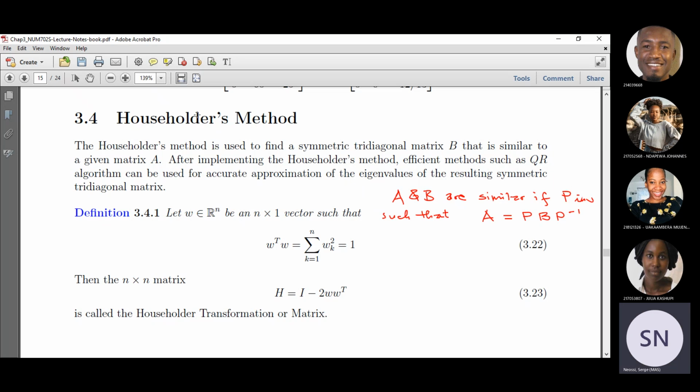Now, in terms of the Householder method, if I have a matrix A, obviously you assume that A is a symmetric matrix, right? Now, Householder's method will find this B, right? From A, you get the B, where B now is tridiagonal.